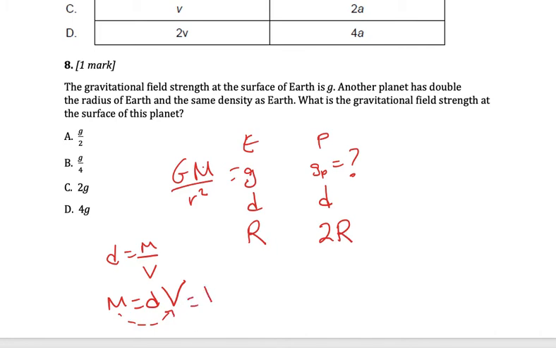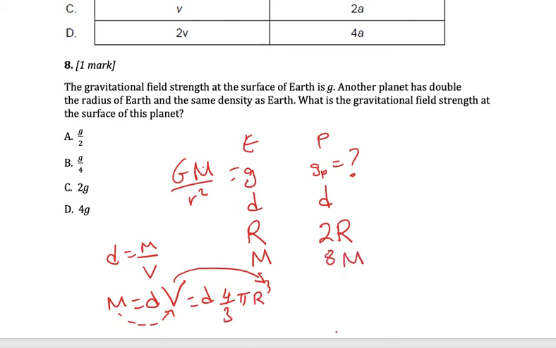The volume of a sphere would be 4/3 pi r cubed. You don't have to know that full thing, but it's given in the data booklet if you want. So just know that the volume of a three-dimensional object will be proportional to the cube of the radius.